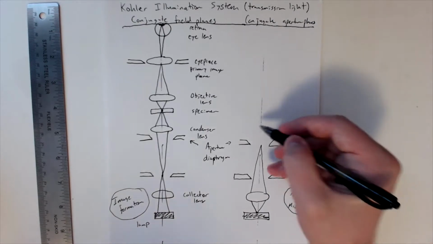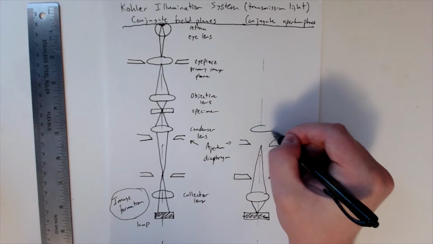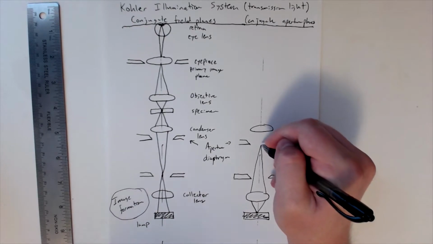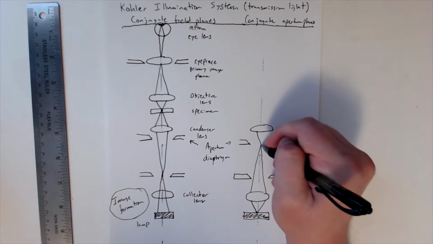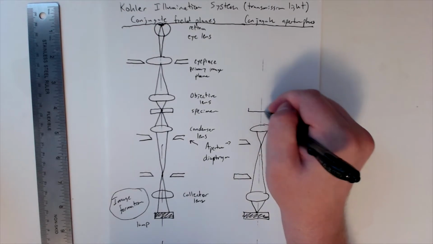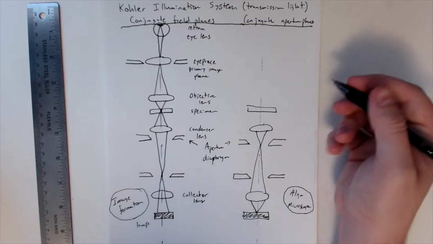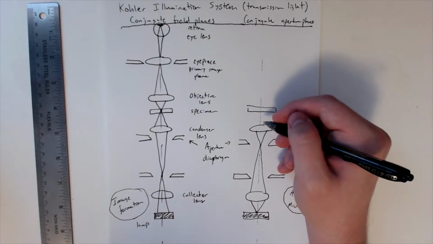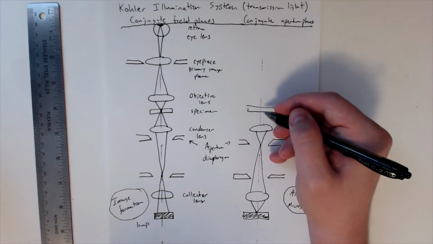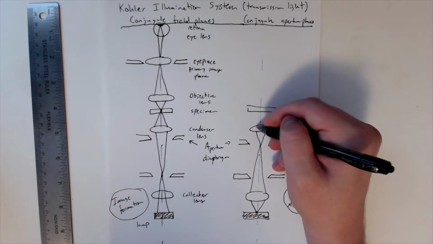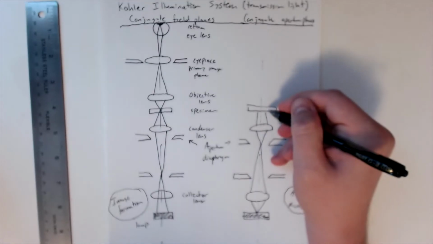All right. We still have the condenser lens above it, and the light's going to diverge towards that lens. We still have the specimen in the same place. And so in this case, the light is actually very broad and divergent at the specimen.